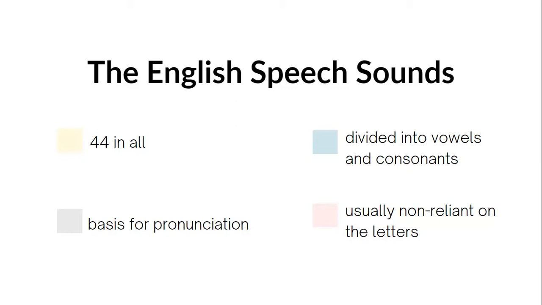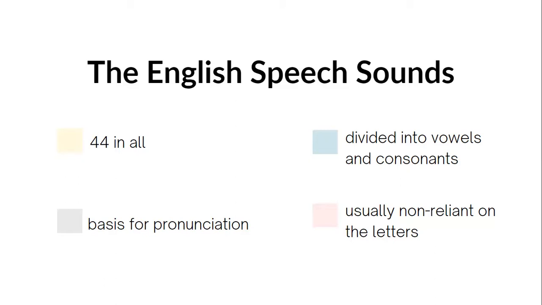Then the English speech sounds are divided into consonants and vowels. Only the English speech sounds are the basis for pronunciation, not the letters. And that's why many people get it wrong. Remember how we made the example with nature the other time.